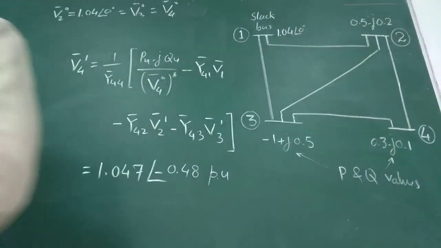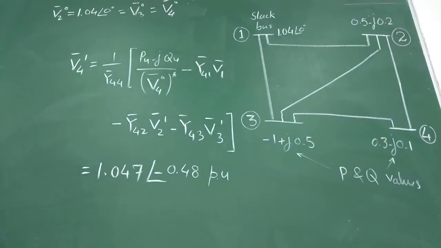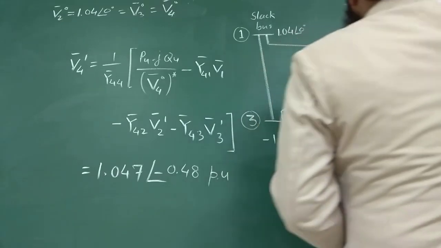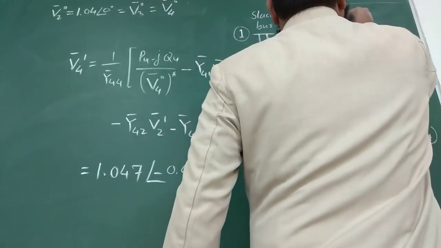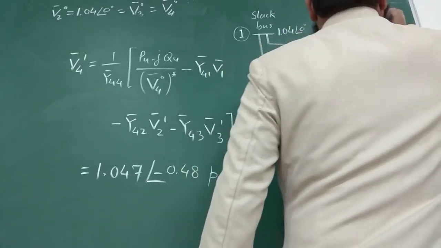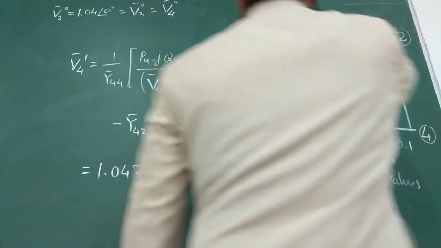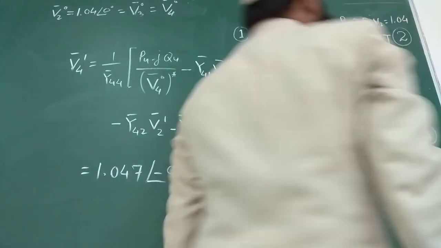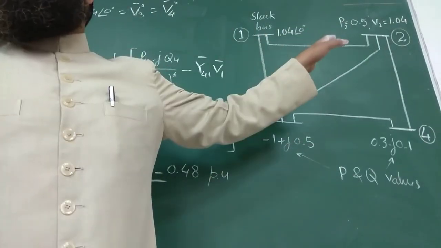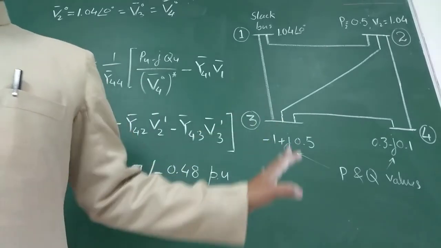So for PV bus, the specified quantities will be P and V. So let this is P2, all values in per unit. P2 is this and V2 is same as that of slack bus, magnitude 1.04.